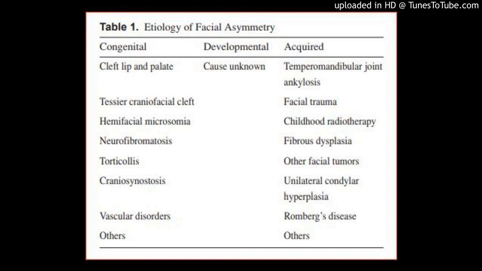The developmental type of facial asymmetry is idiopathic and non-syndromic in nature, and is not uncommonly seen in the general population. The asymmetry is not observed at birth or in infancy, and appears gradually, usually becoming apparent in the teenage years.